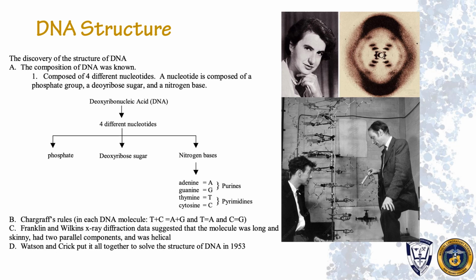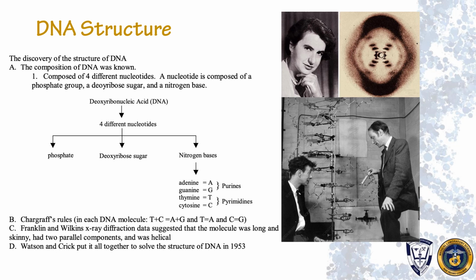So the composition of DNA was known, and normally it is composed of four different nucleotides, and each nucleotide is composed of a five carbon sugar, a phosphate group, a nitrogen base.